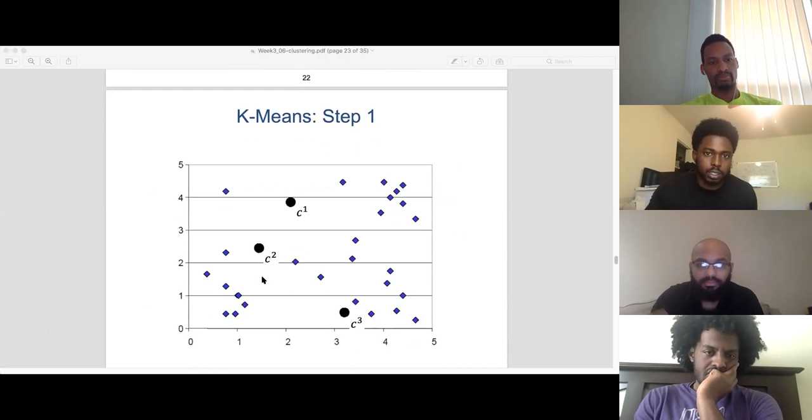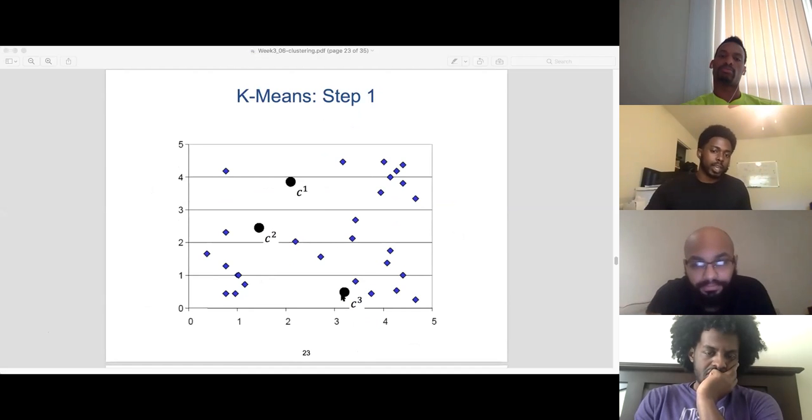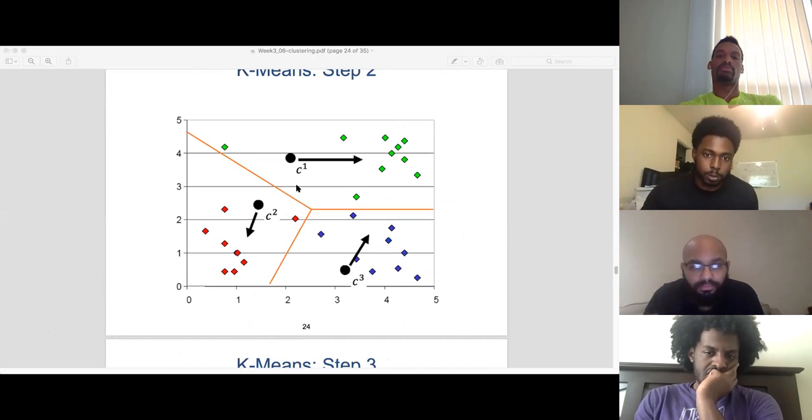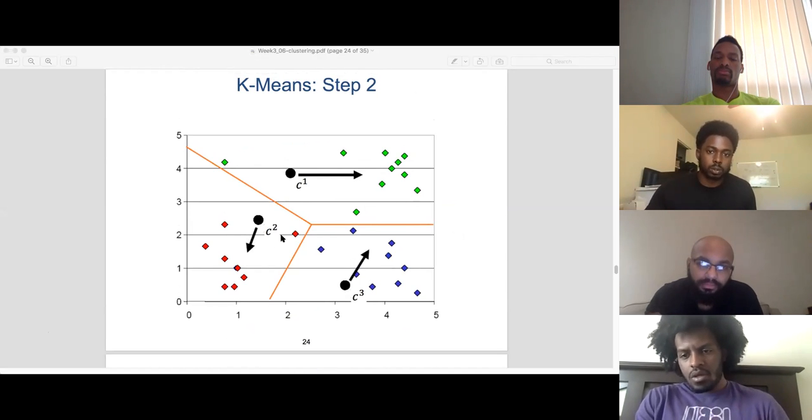So again, this is step one. We have some data set represented by the blues, and then we have some arbitrary centroids that we've placed onto the data set. The first part is the expectation part, where we assign the data points to the nearest centroid. So all the greens are assigned to C1, all the reds are assigned to C2, and so on.